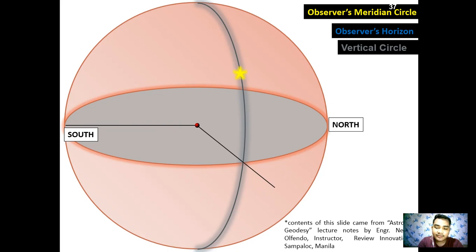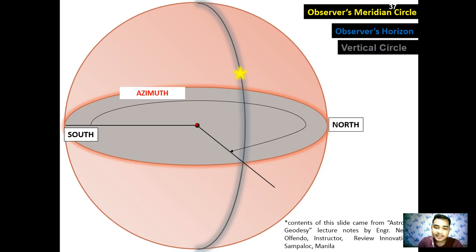From south, the parameters are the angle referred to south or north. That angle, which is referred to south because we are in the Philippines, is the azimuth. That's the first parameter of the horizon coordinate system.